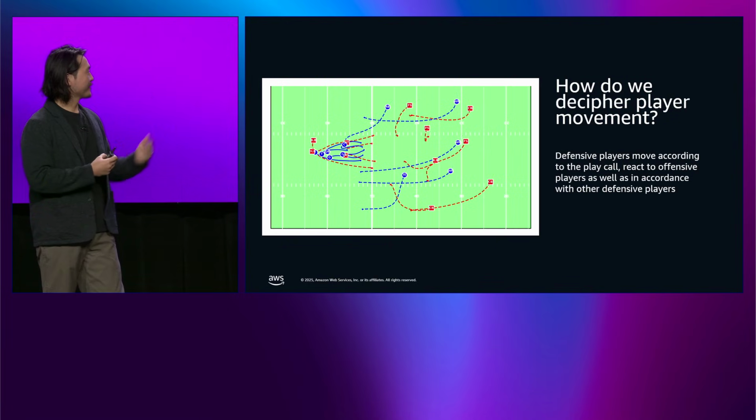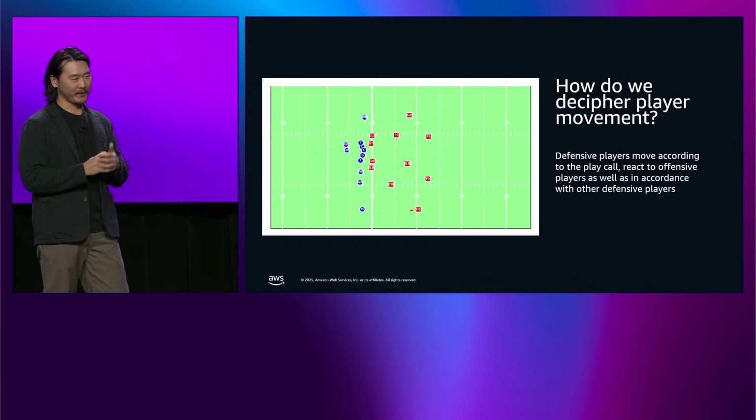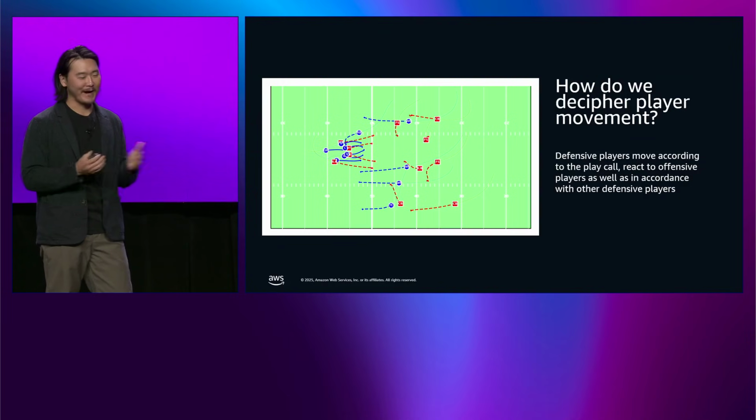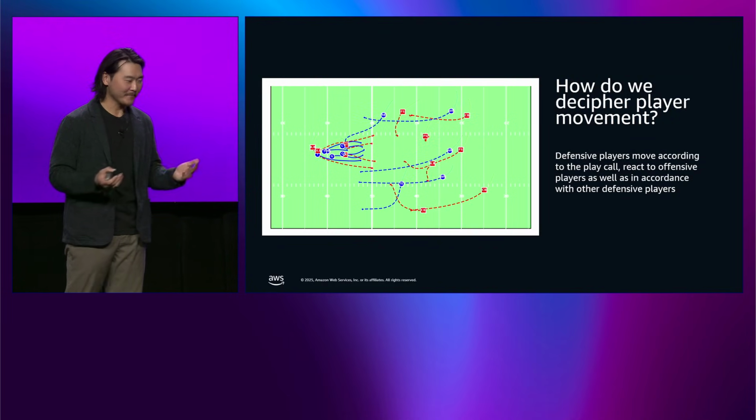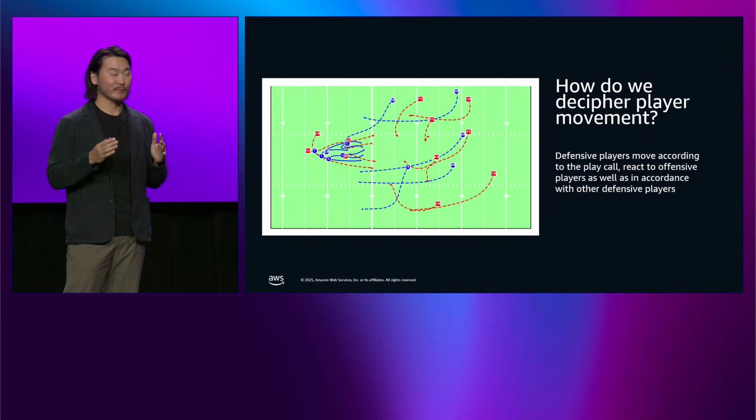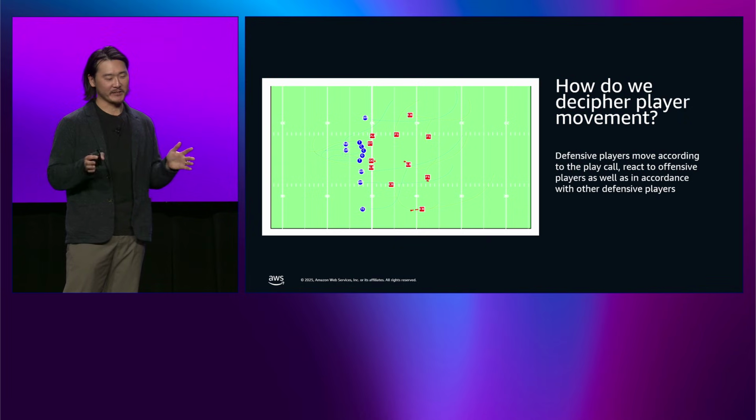Okay, so now we'll dive into the solution we developed. If you look at this play on the left, you see a bunch of players moving left, right, top, bottom. It might look random, but behind every player's movement, there's intention.